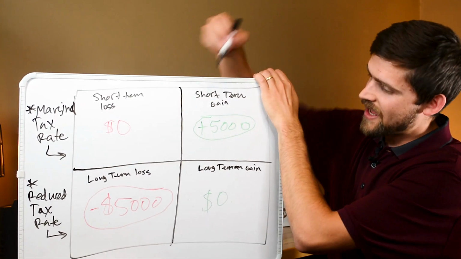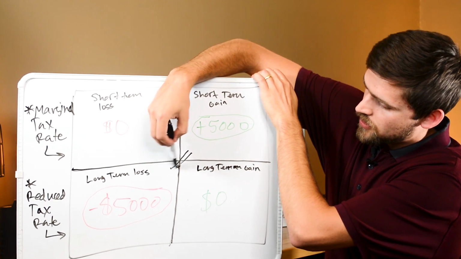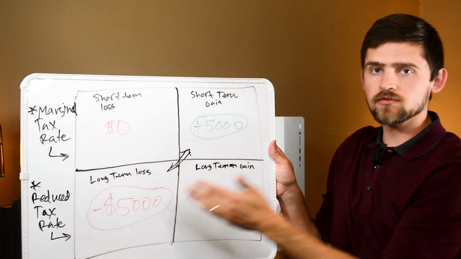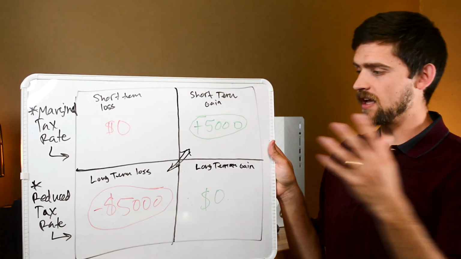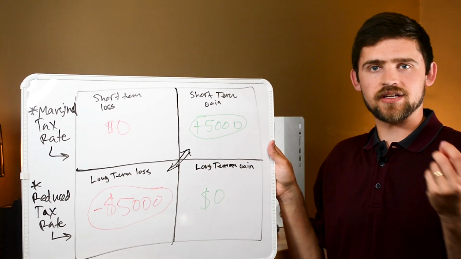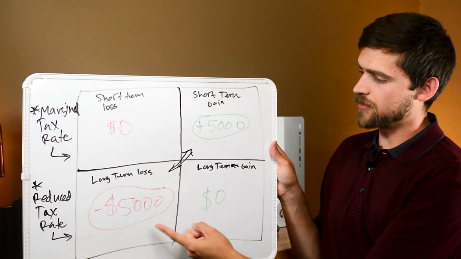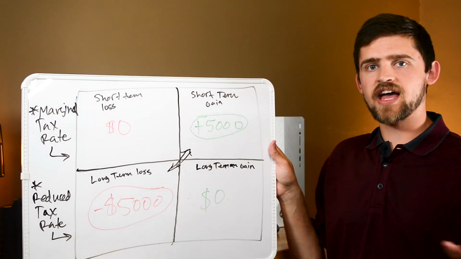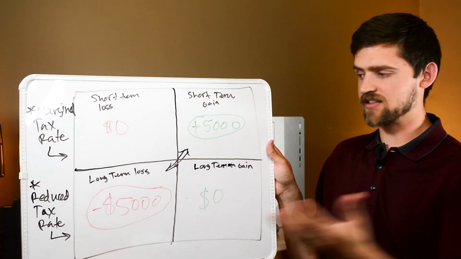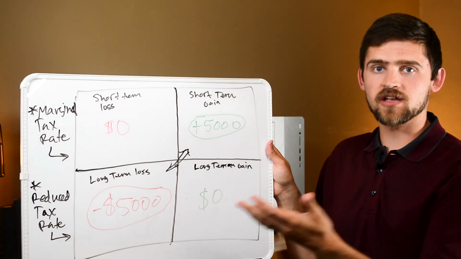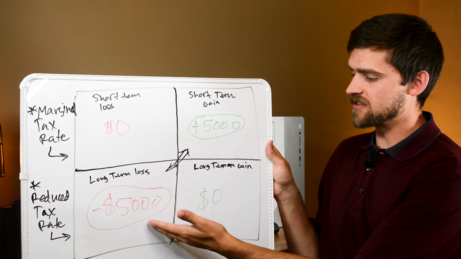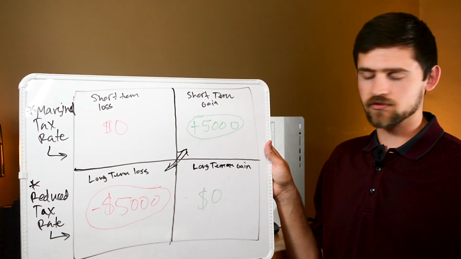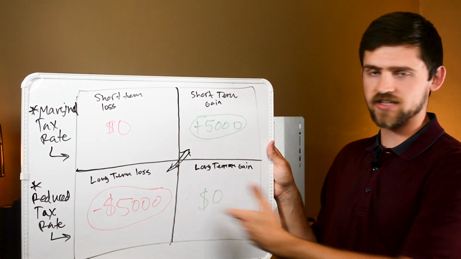So what that means is now these two are going to offset each other. And what that means is we come down with a tax bill on capital gains and losses that basically zeroes out. It's $0. So by realizing a long-term loss of negative $5,000, which again is no tax savings, let's say we're in the 0% long-term tax bracket, we're making under $80,000 a year, this negative $5,000 would not give us any tax savings because we're in the 0% long-term tax bracket.